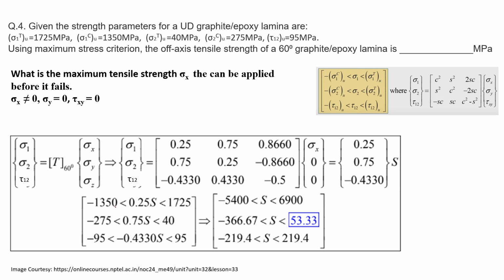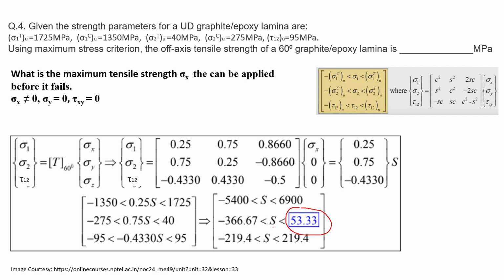From that, we will divide these values from both sides, and we can get the range of S. Now we have to find what could be the maximum value of this S, that is, what will be the maximum stress value. For finding the maximum value we have to choose the lowest value here. So here you can see the lowest value is 53.3. Why are we taking the lowest value? If the stress value is this, then there will be no failure.